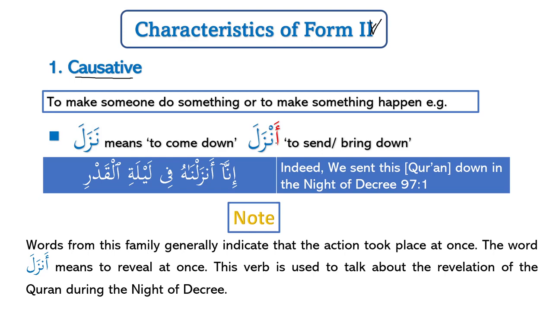So here, again, hamza is extra. Nazala changes into anzala, and when we change it into anzala, the meaning also changes. It means to send down or bring down, to make someone do something or to make something happen. And we have an example from the Quran.